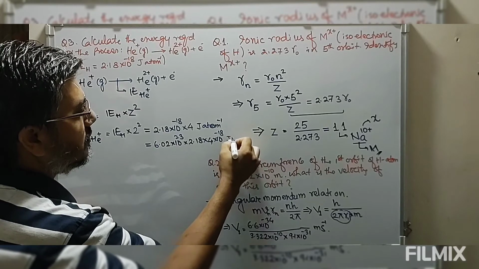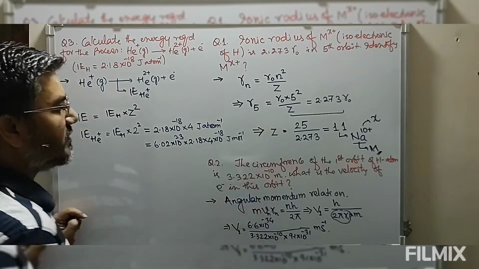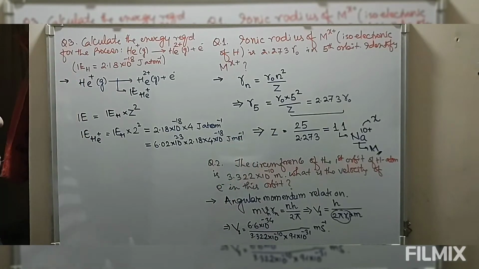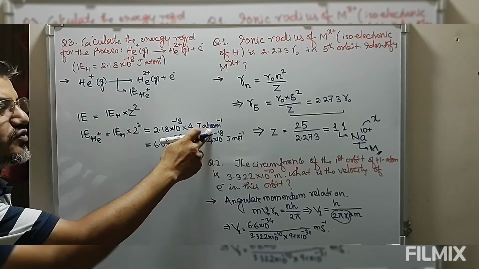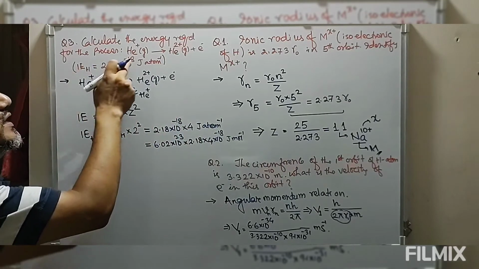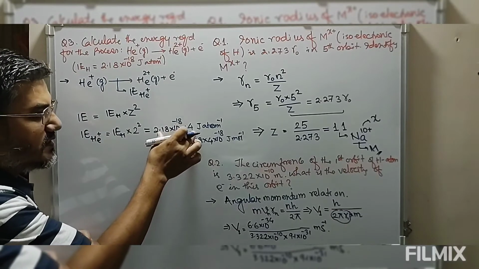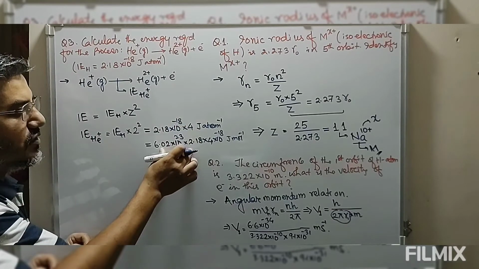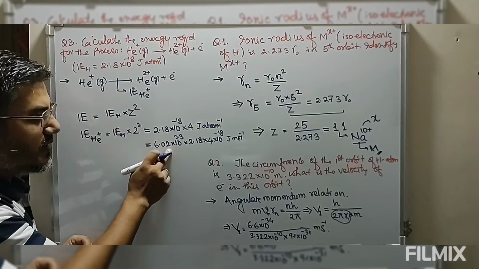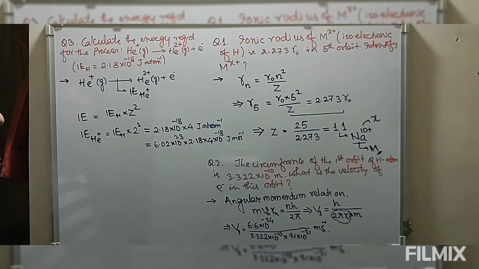So this is joule per mole, because we are converting this for 1 mole. This is for 1 atom, so in terms of 1 mole of He plus we convert the energy of 1 atom into the energy of 1 mole of atoms by multiplying by 6.02 into 10 to the power 23.